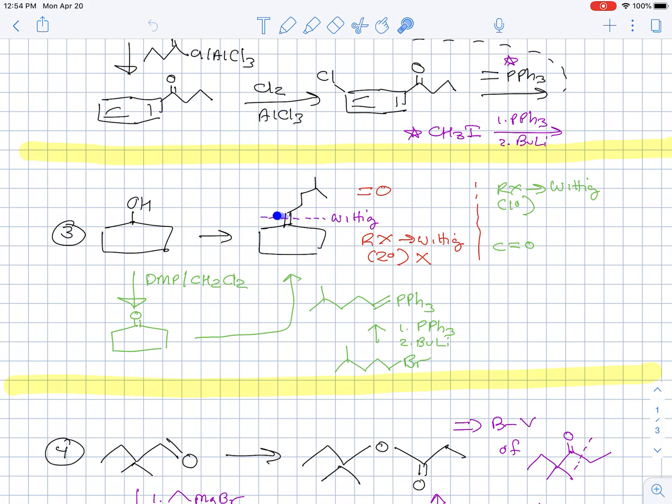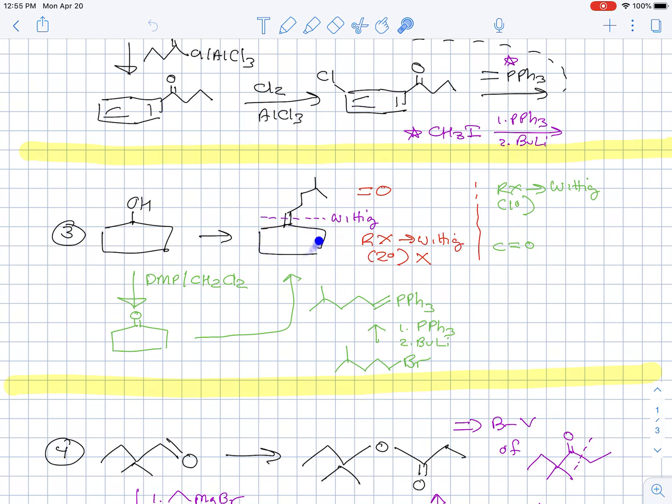You look at the carbon-carbon double bond you make, and you want to look at which part came from the carbonyl and which part came from an alkyl halide.